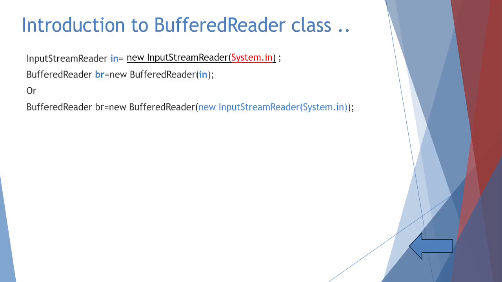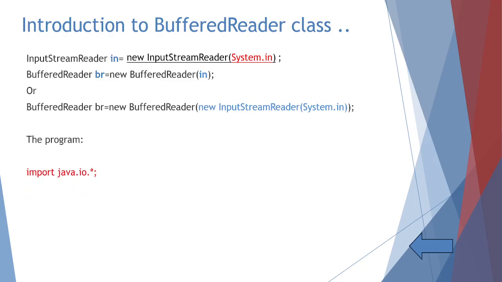What is it? BufferedReader BR equals new BufferedReader, within brackets the parameter is new InputStreamReader, and for the class InputStreamReader, another parameter System.in, so two parentheses closed and a semicolon.